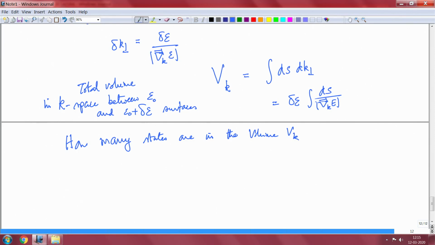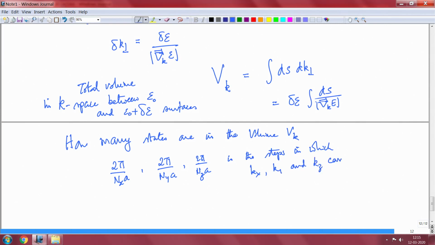So, the values that Kx, Ky and Kz can take are in steps of 2 pi over Nx a, 2 pi over Ny a, 2 pi over Nz a. These are the steps in which Kx, Ky and Kz can be incremented.